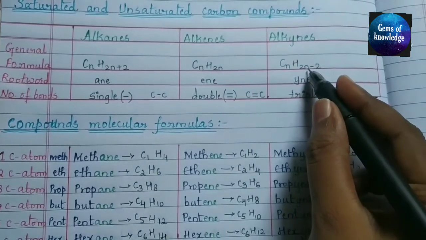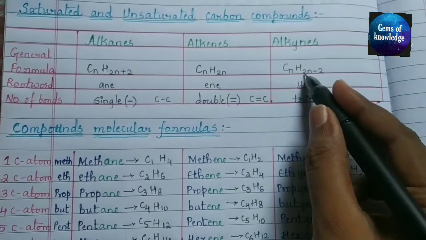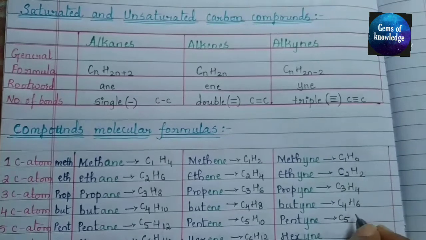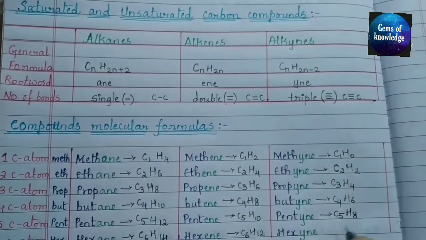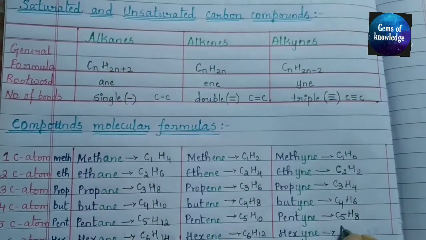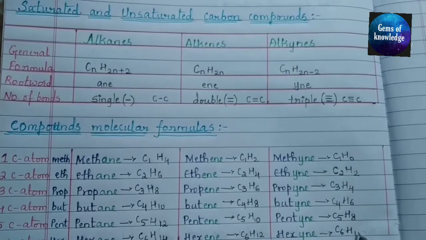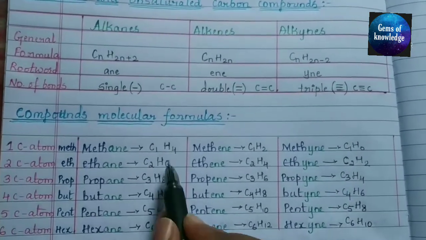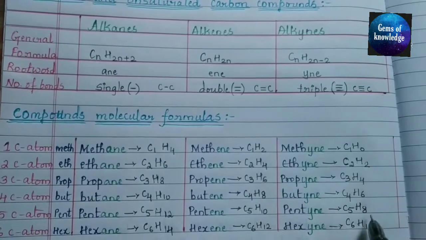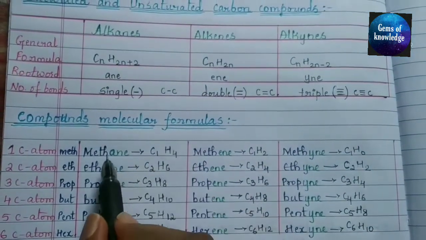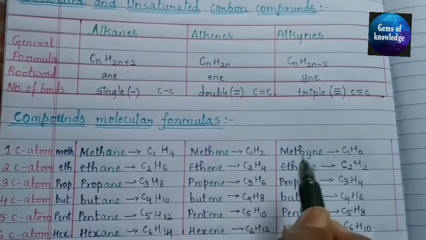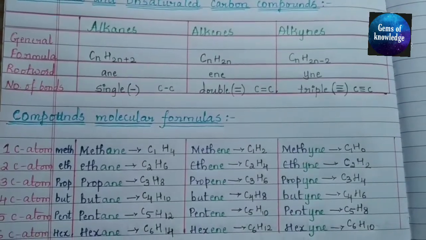Here in place of n substitute 5. 5 2s are 10. 10 minus 2 is 8. Next, C6H10 we will get. So all these are nothing but the molecular formula of all the alkanes, alkenes and alkynes.